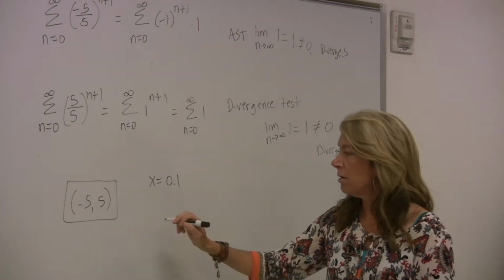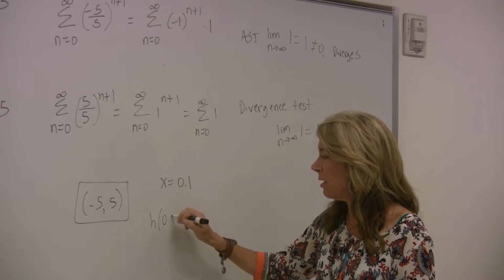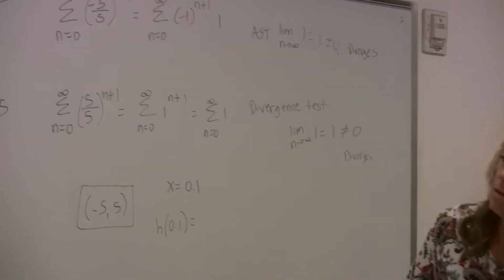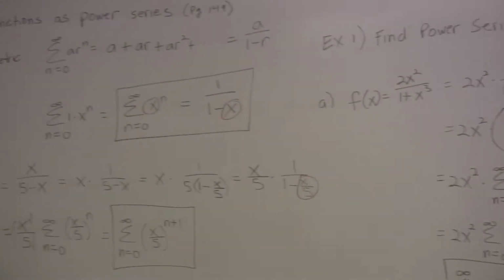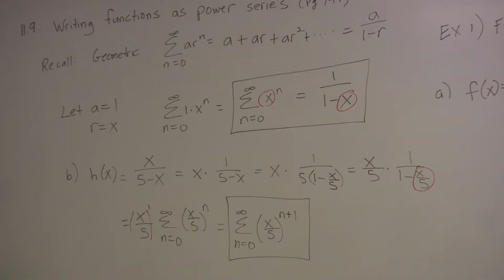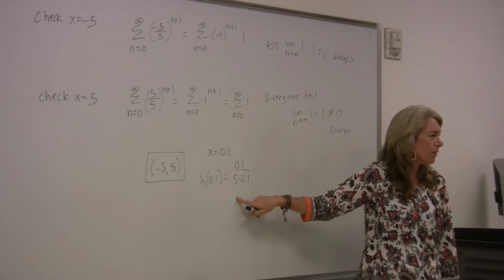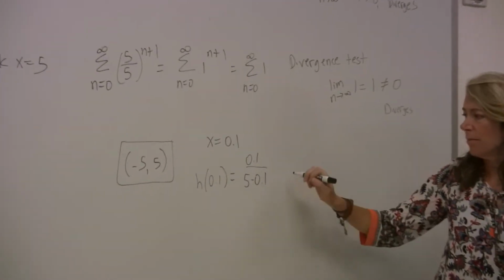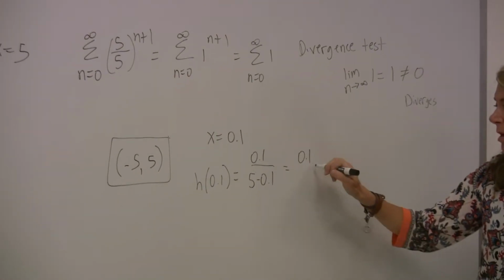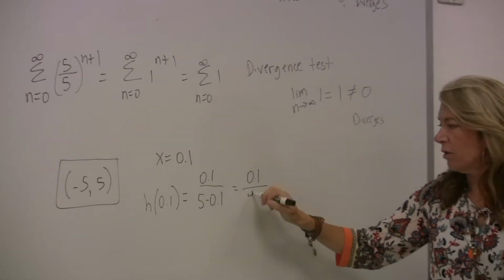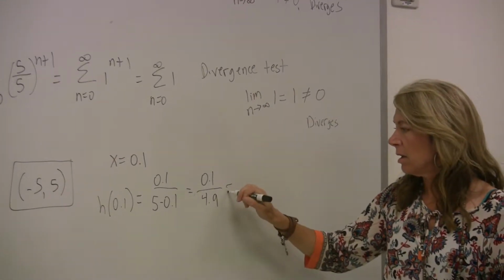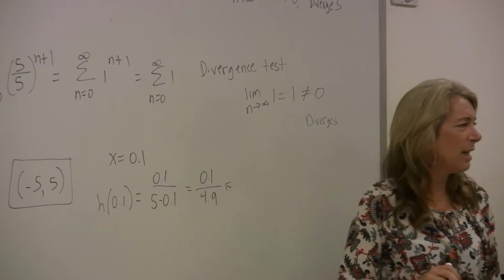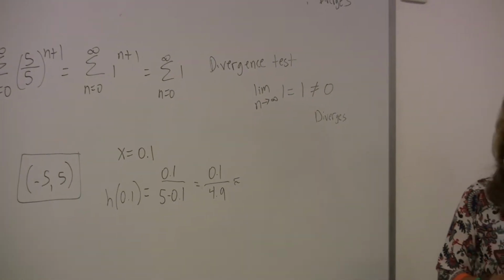The function h of 0.1, where's my function? x over 5 minus x? 0.1 over 5 minus 0.1. See what I'm doing? I'm plugging it into the actual function so you see what we're getting. 0.1 over 4.9. Can somebody punch that in their calculator for me? I can't do that in my head. What did we get there?